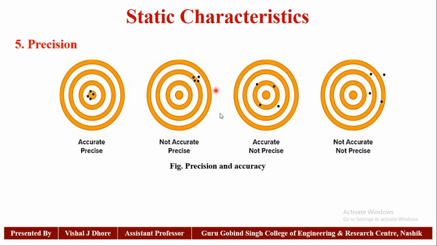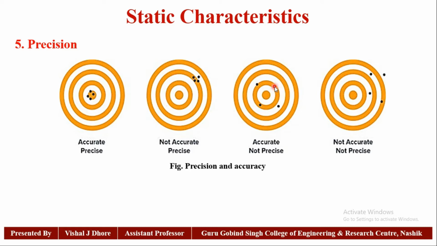Now the second image, in which it is precise but not accurate. Why do we say it is not accurate? It is offset, having some distance from the center, but the points are located at one place and very close to each other. So we can say that it is precise but not accurate. From the third figure we can understand accurate but not precise.